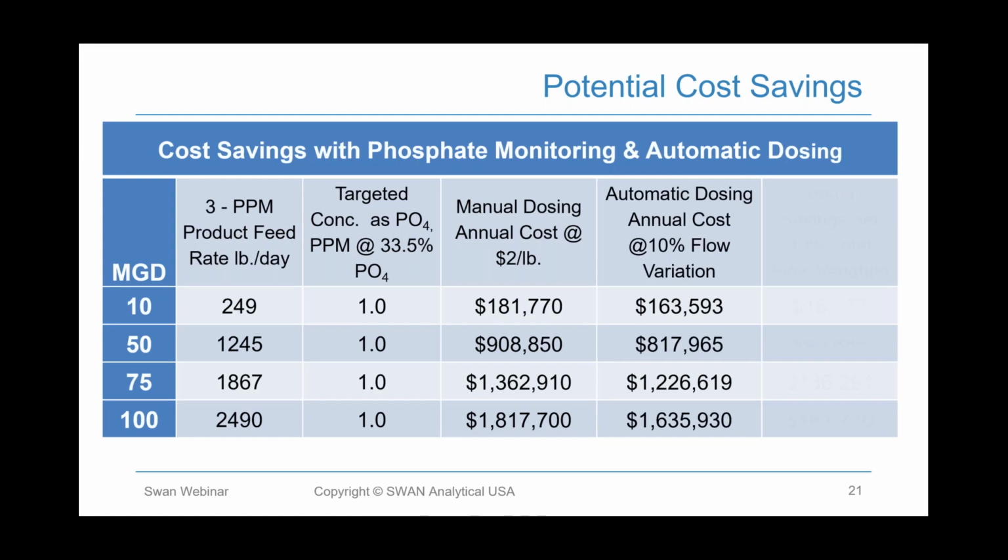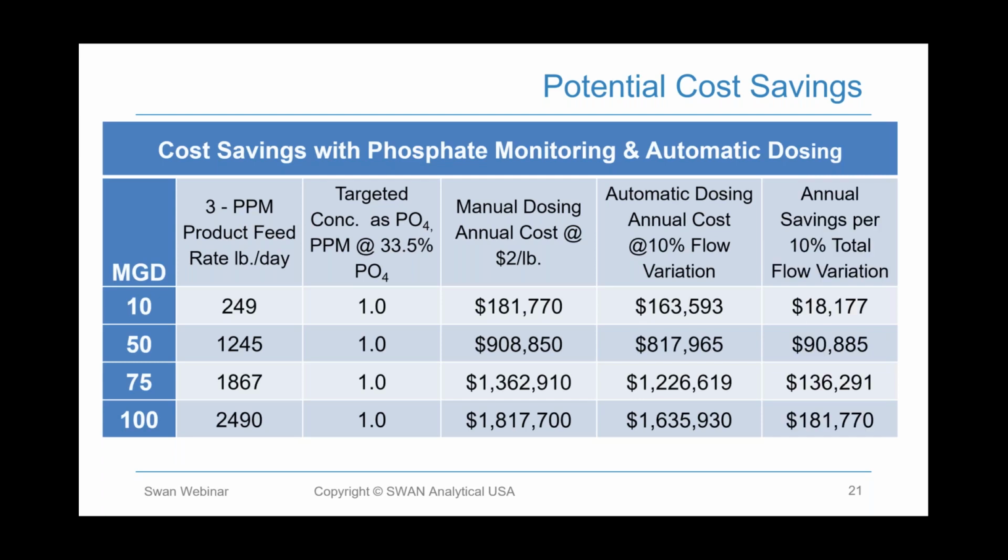And we see here on the right what we can save. And even on 10 million gallons a day, that cost on the right there is more than enough to pay for a phosphate analyzer and have money left over. So the payback on these analyzers is very short if we're able to adjust the feed to what it needs to be.